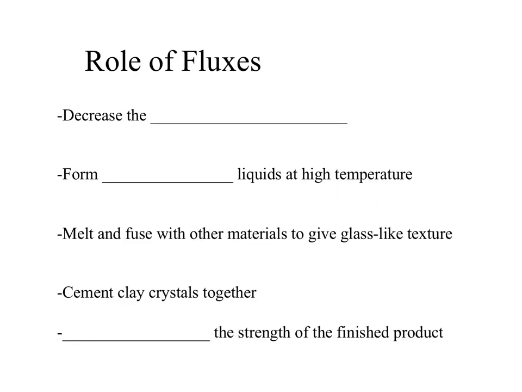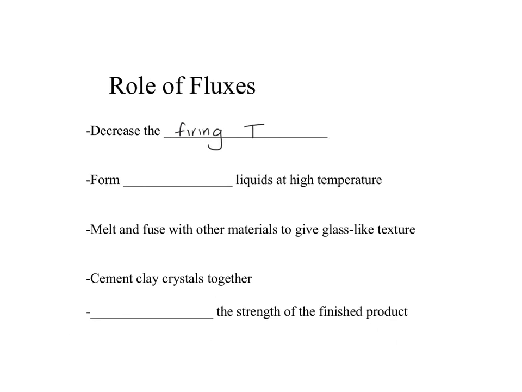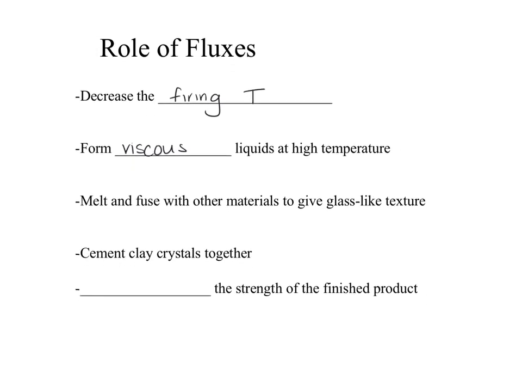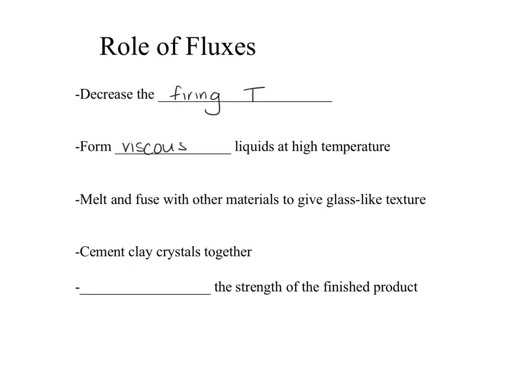And then the last one that you would mix together would be a flux. Now remember, fluxes are going to decrease the firing temperature of those clay bodies. So we won't have to fire it quite as high, and that saves on energy and time. They form viscous liquids at high temperatures. They're going to melt and fuse with other materials to give glass-like texture.